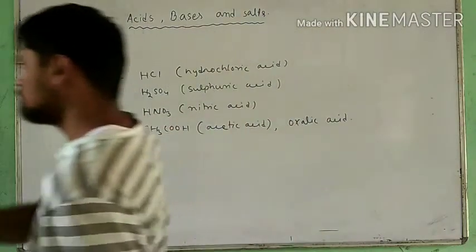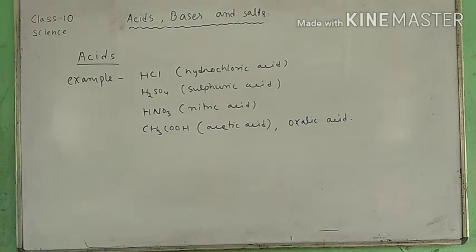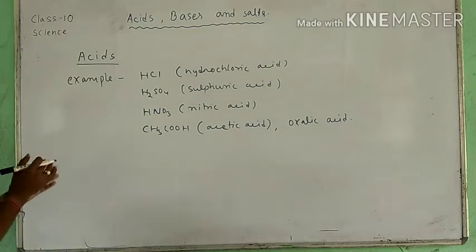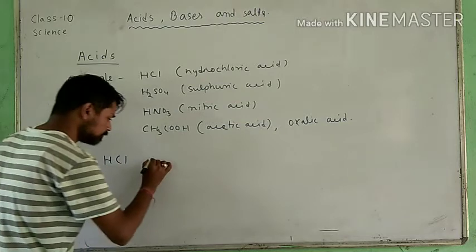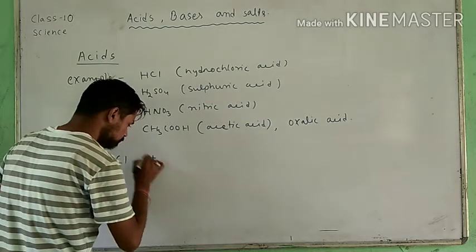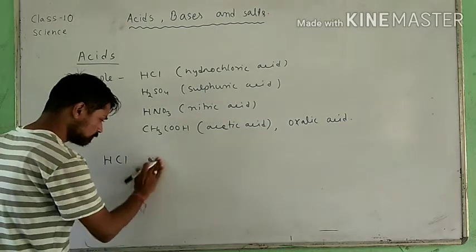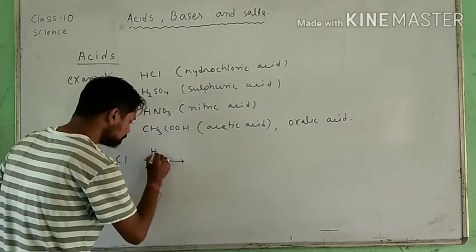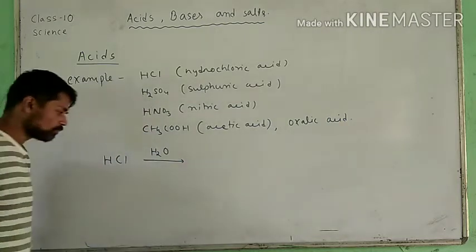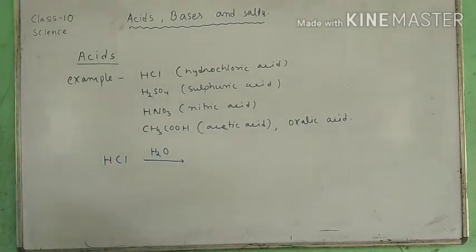Now let us see how they produce H positive or H3O positive ion when mixed with water. Let us see when we mix HCl. When we add HCl in water, then what happens?